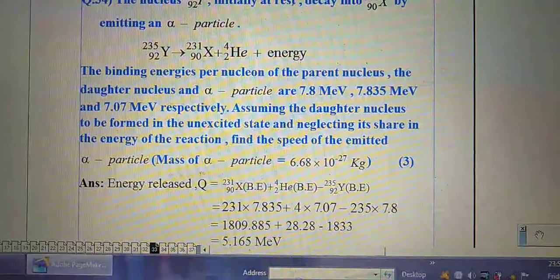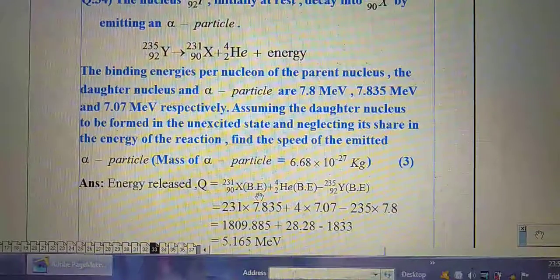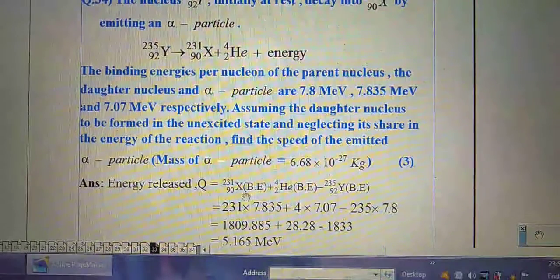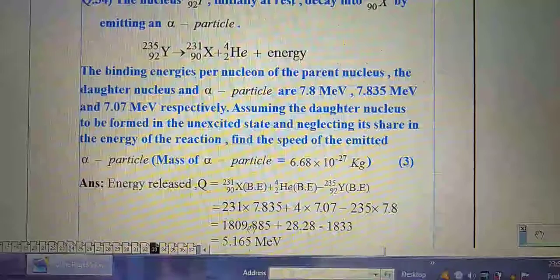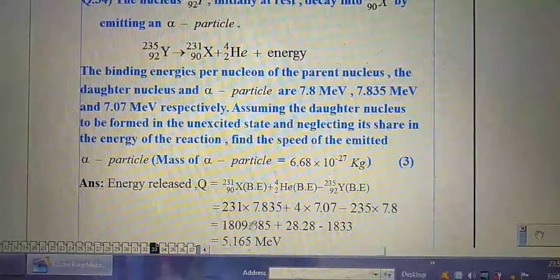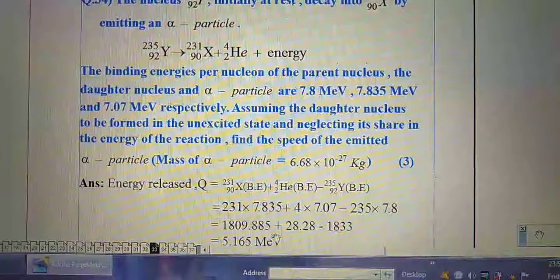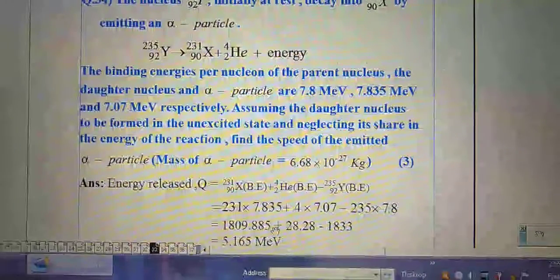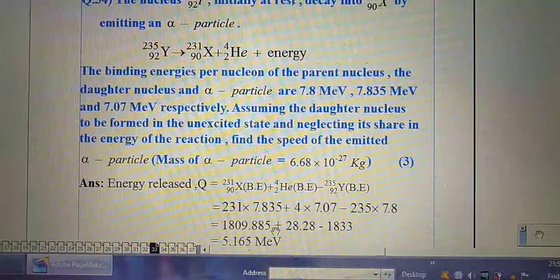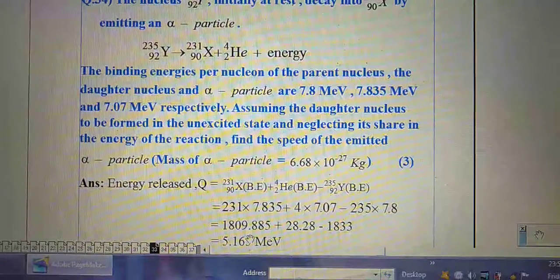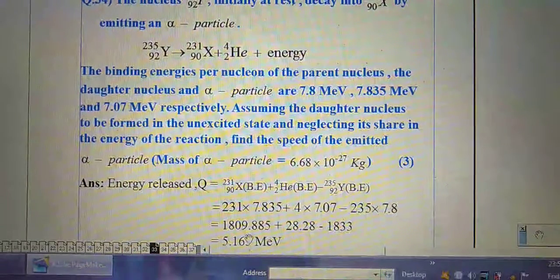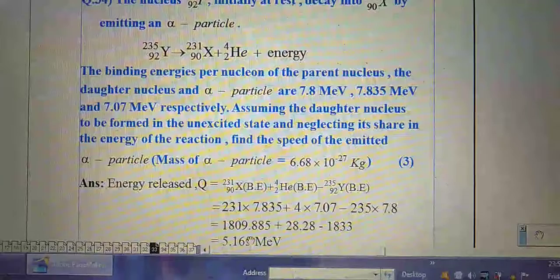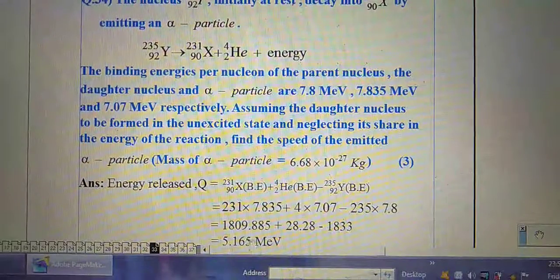The mass of the alpha particle is given. Ultimately we have to find the velocity with which the alpha particle is moving. For that, first of all you have to find the energy release. That energy will provide the kinetic energy, and with that kinetic energy the particle will be moving. So from this kinetic energy you find the value of velocity.